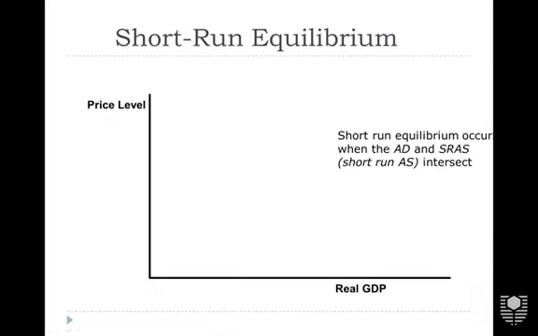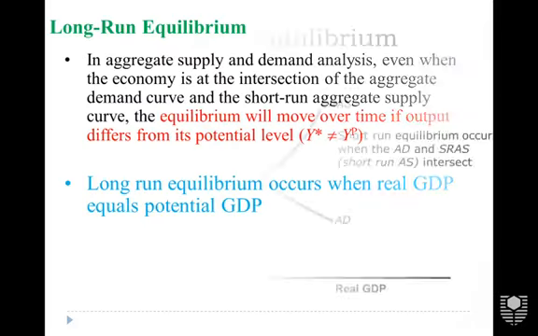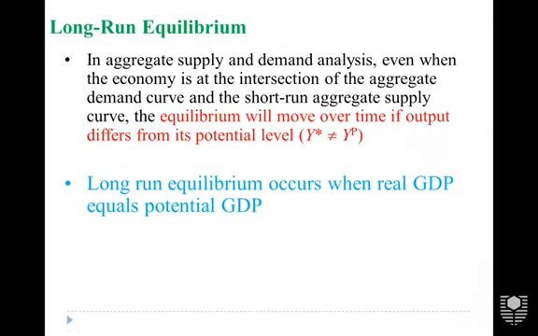So short run equilibrium first. This would be the equilibrium where the aggregate demand and short run aggregate supply intersect. So this would be the equilibrium in the short run. The long run would be the equilibrium where short run aggregate supply is equal to aggregate demand, and this is further equal to long run aggregate supply curve.